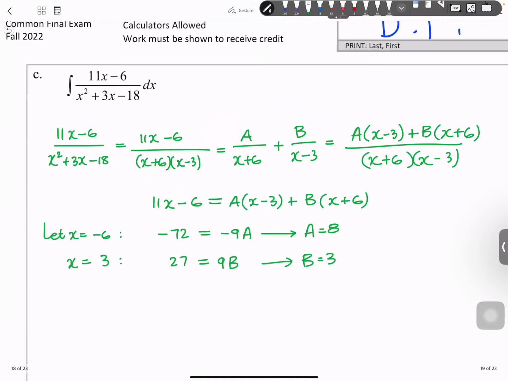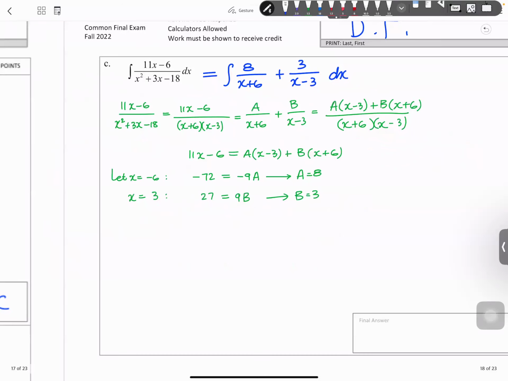So what I was able to show here is that this integral becomes the integral of 8 over x plus 6 plus 3 over x minus 3 dx. Now we can go ahead and integrate.